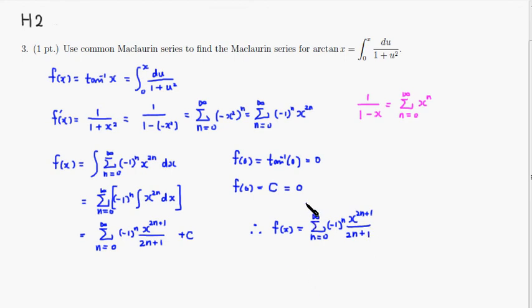So that's the power series for arctangent of x. All right, that's it. I hope that this was clear.